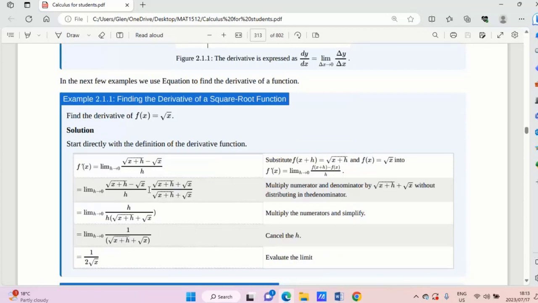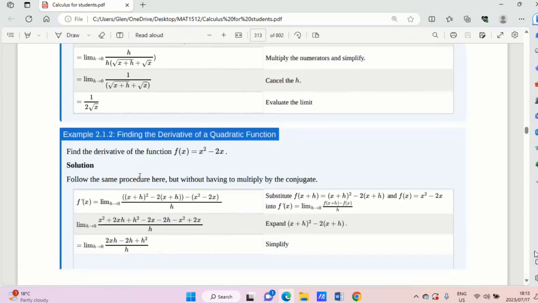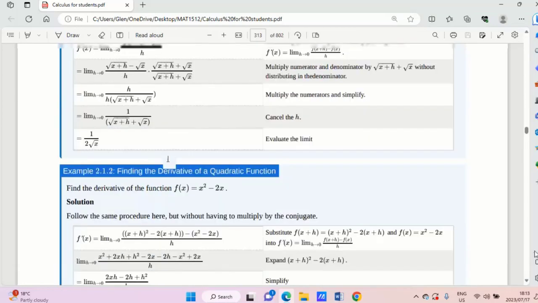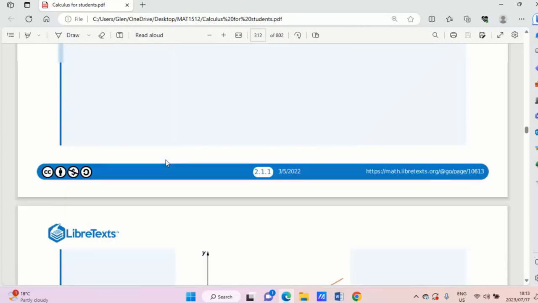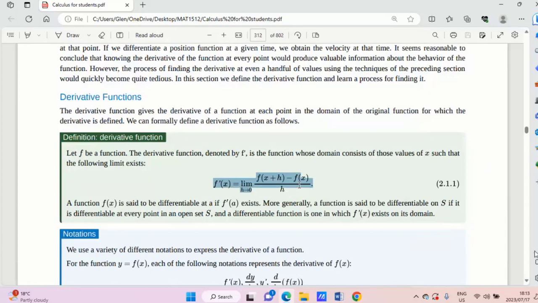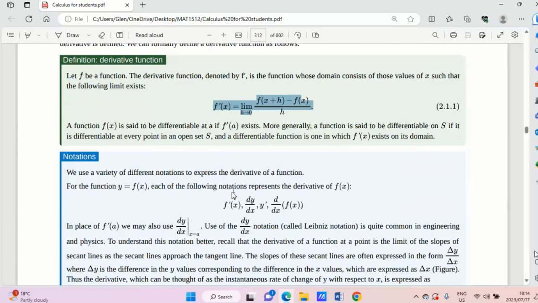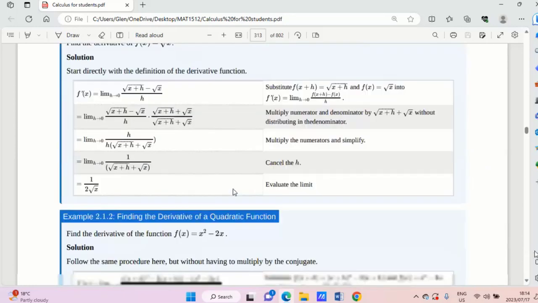Okay. Let me skip this one to avoid confusing others. Maybe this one will make sense. It is all coming from this formula, okay? We are going to use this formula in the next few examples and exercises.